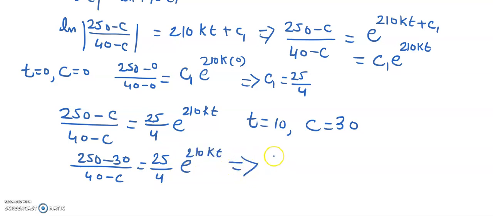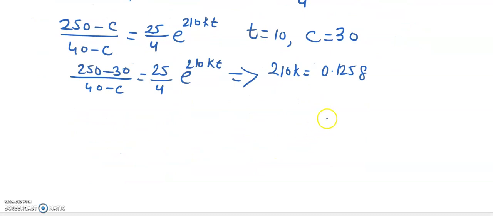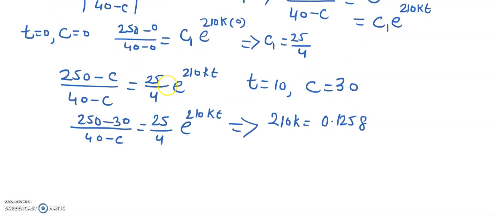So from here we can find that the value of 210 k, using the calculator, will be equal to 0.1258. Okay, so later on we can use the value of 0.1258 for 210k. So instead of the value of k, you can use the value of 210k because it is being given in the equation.